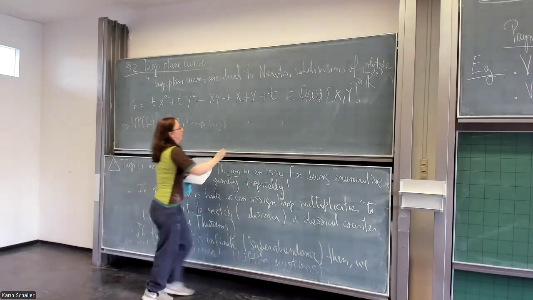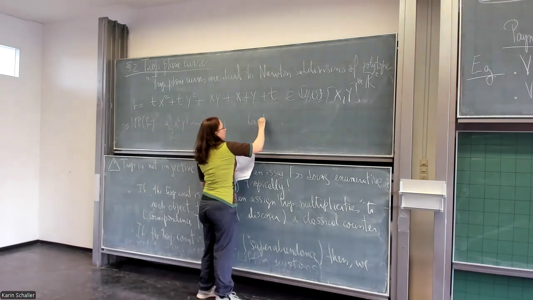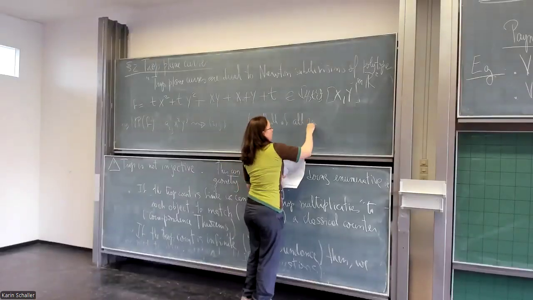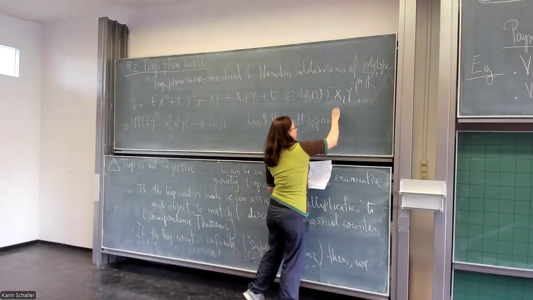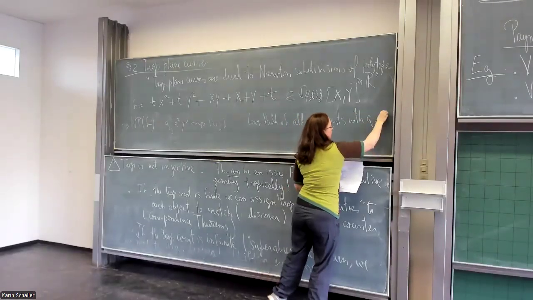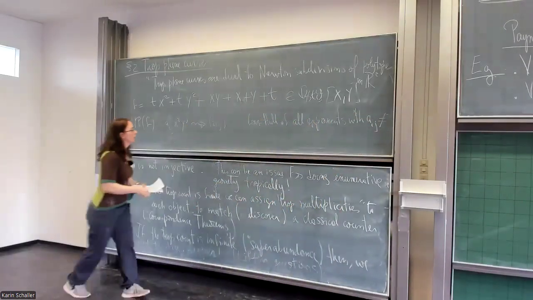Then I'm going to take the set of all exponents that actually appear, so I don't want to record the (0,1) if it doesn't appear.